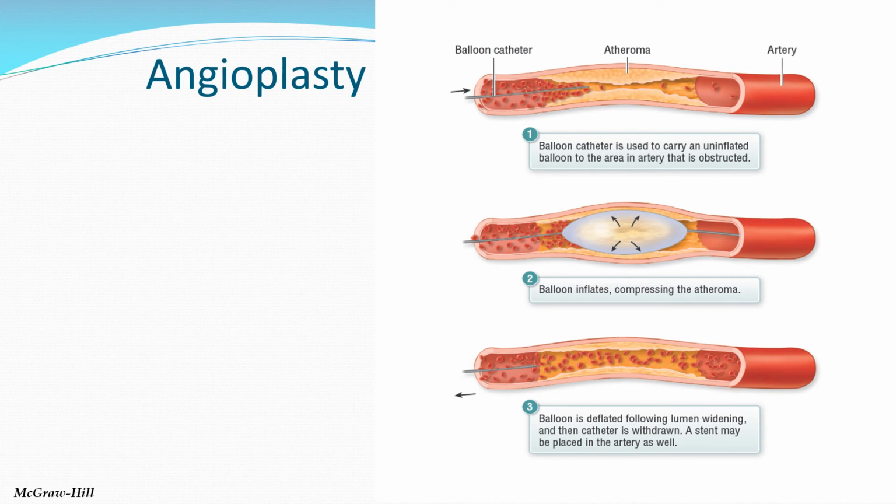Angioplasty. So here we got a collapse, stenosis of a blood vessel due to fat atheroma. So that's a fatty plaque, fatty tumor. So usually this is done from the leg. They'll insert a line from the leg, and the stent is actually collapsed.